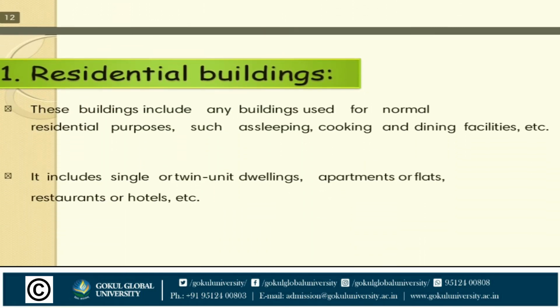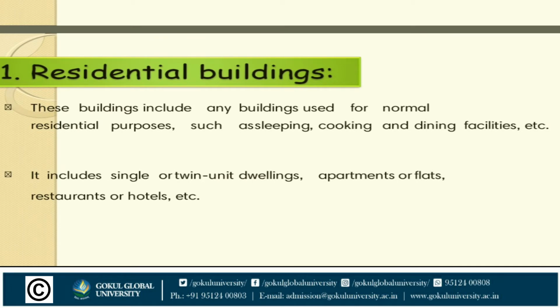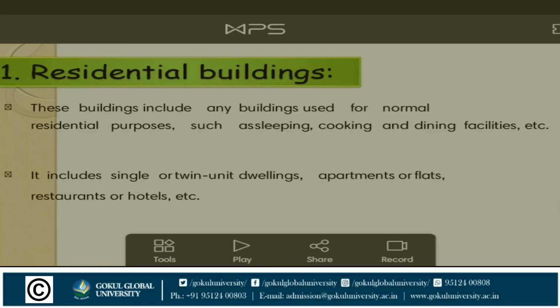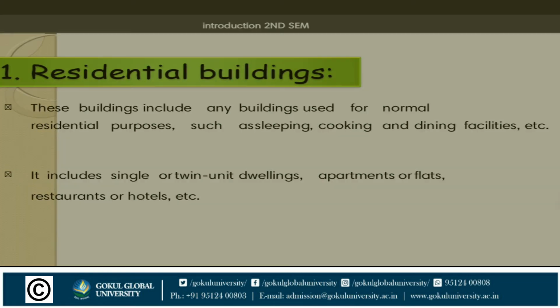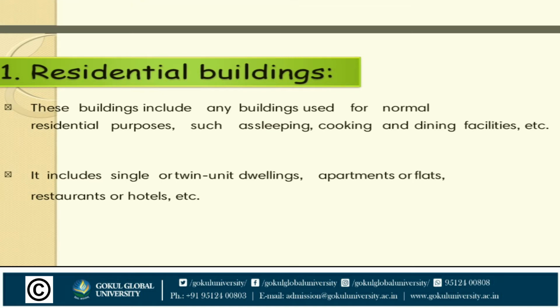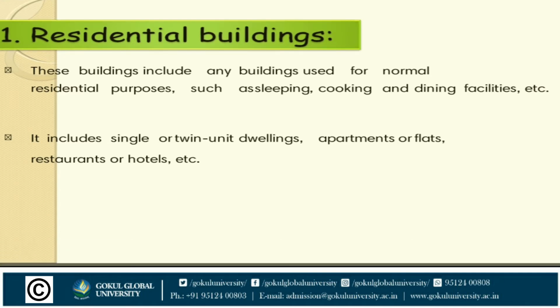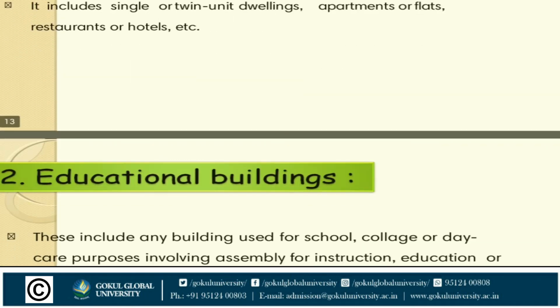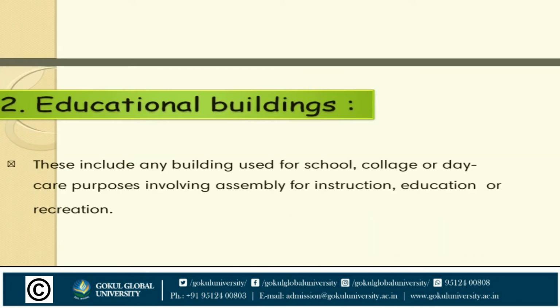Okay, so now the first one is residential building. These buildings include any buildings used for normal residential purposes such as sleeping, cooking, and dining facilities, etc. It includes single or twin unit dwellings, apartments or flats, restaurants or hotels, etc. Educational building.